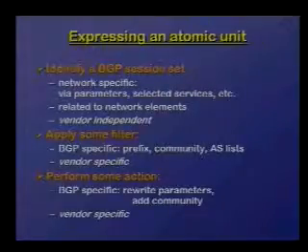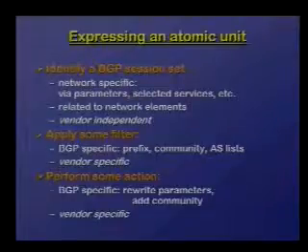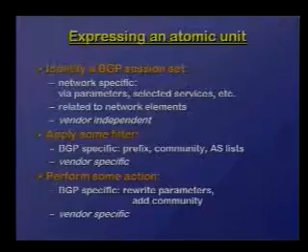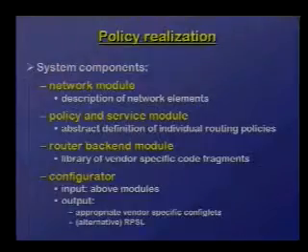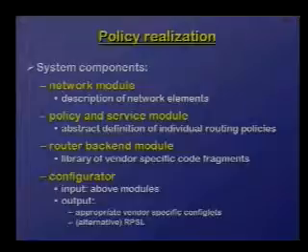So one of the questions that we were asking ourselves is, how can we split this vendor independent part from the vendor specific pieces down here? And the way that we wanted to slice and dice this whole problem of BGP configuration is to say, let's take the elements that are network specific and put them into a network database here.